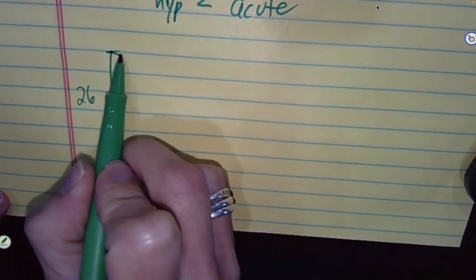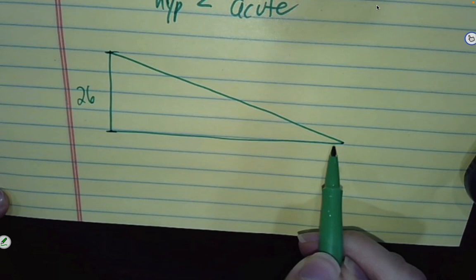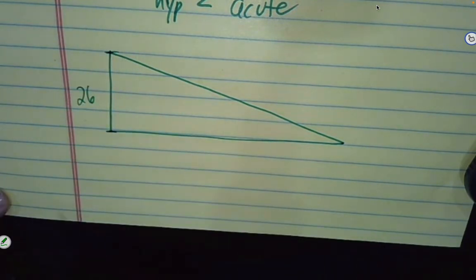Okay. There's my belt. It's going up that way. It says it makes a 60-degree angle with the ground. How far do the supplies travel from one end of the belt to the other?